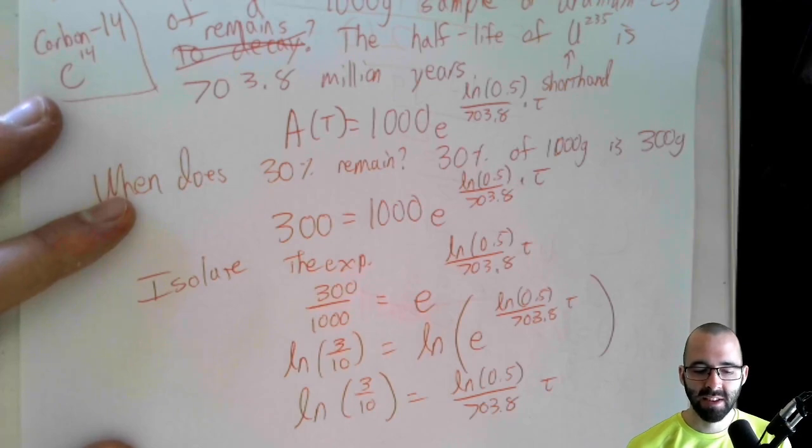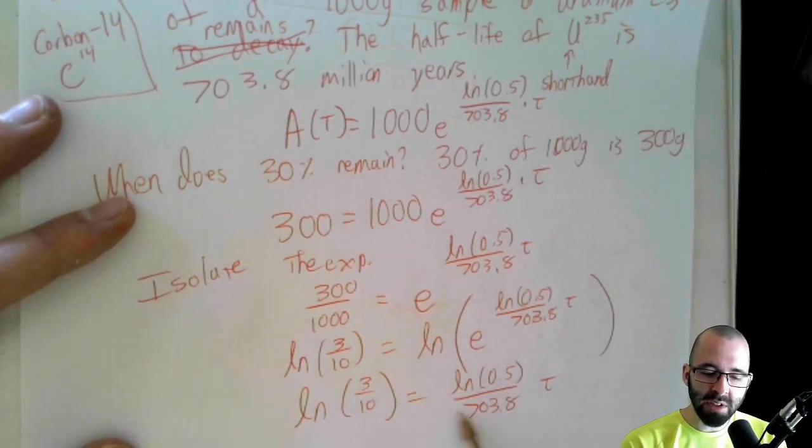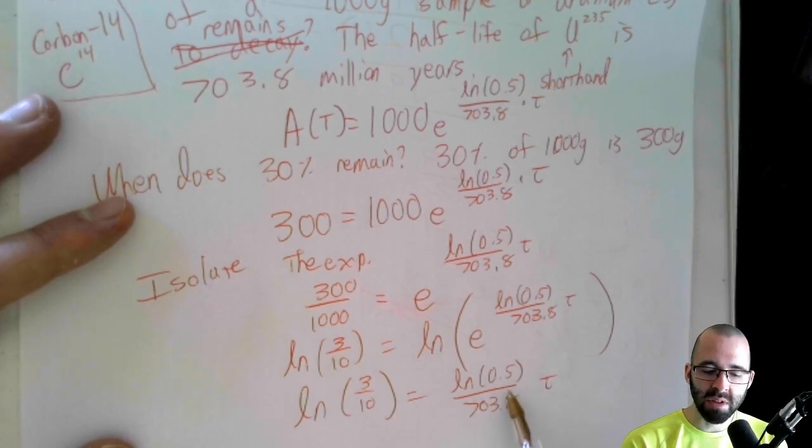This is our variable. All we need to do to finish is multiply by the reciprocal of the coefficient. We want this t by itself. So to undo this fraction, we multiply by its reciprocal.